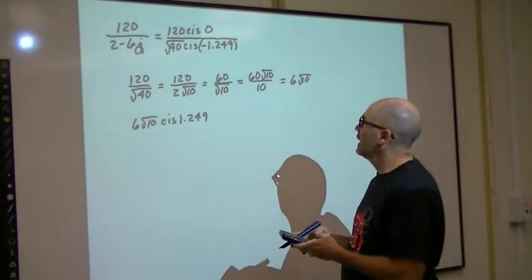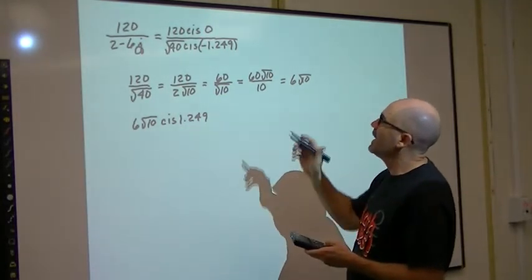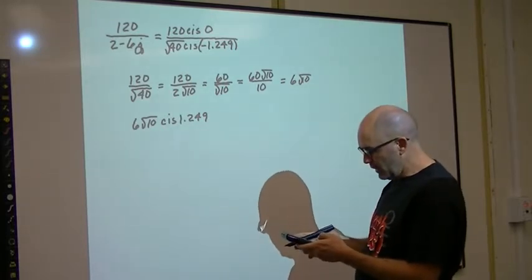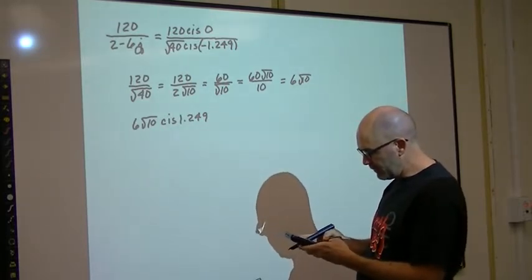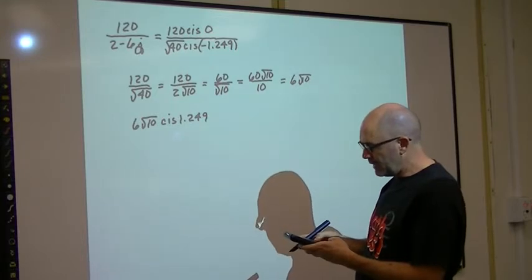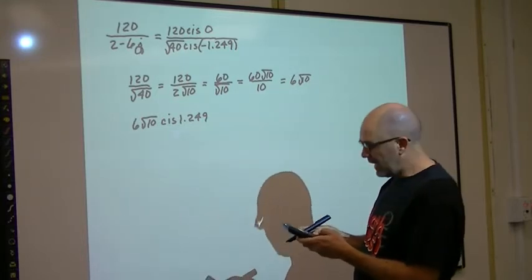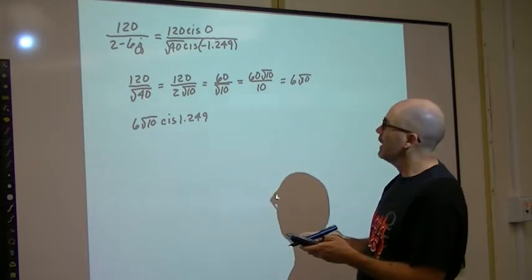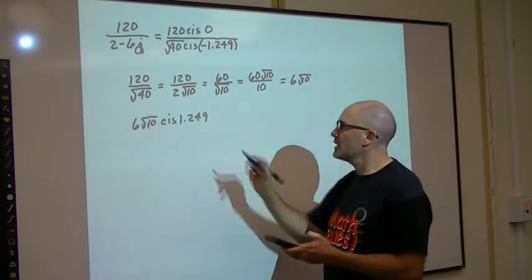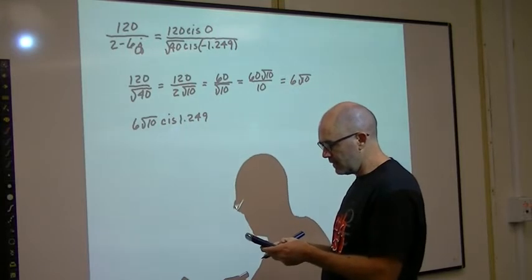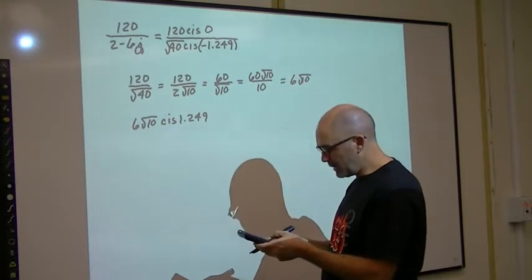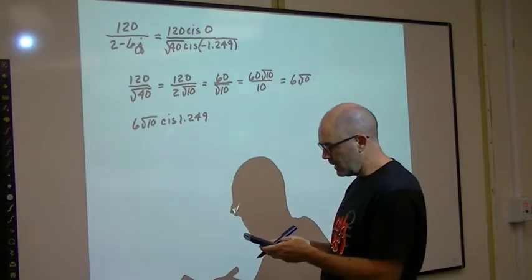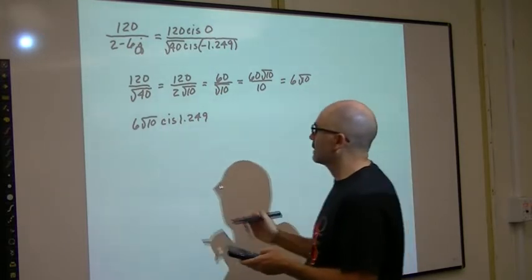Once again, I need to go inverse tangent of negative 6 over 2. So inverse tangent of negative 3 is negative 1.249. I change the sign and enter it twice. Now I take the cosine of that and multiply it by 6 square root of 10, and I get 6.